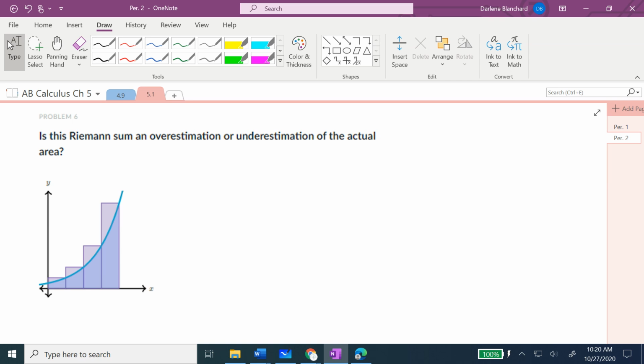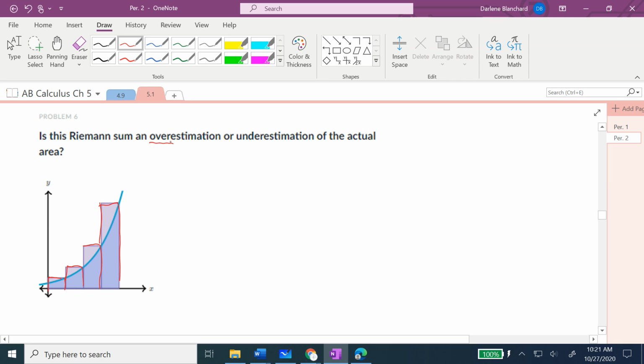Do you see that what they're referring to is this is a right Riemann sum, and the purple is the area of the rectangles and that blue curve. What's extra purple under the curve is the actual area. You can see it's an overestimation.